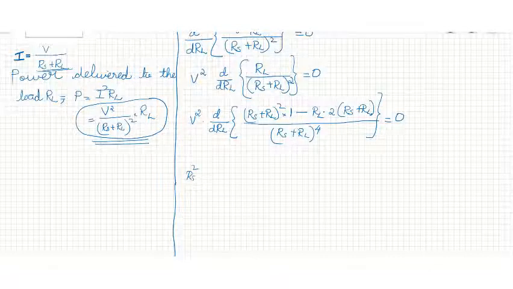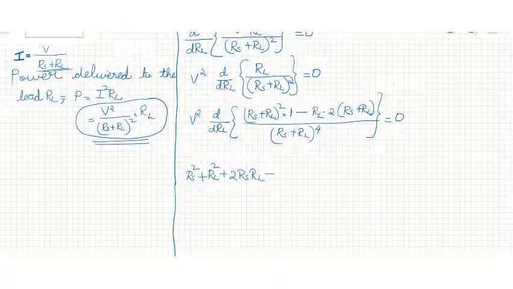Now we can write Rs square plus RL square plus 2 Rs RL minus 2 Rs into RL, open the bracket, minus 2 Rs into RL minus 2 RL square, divided by this term equals 0.